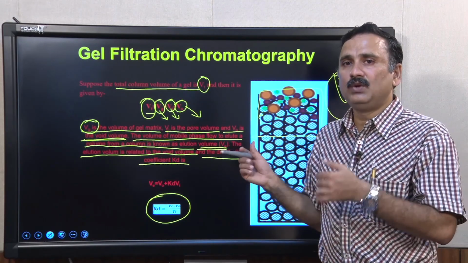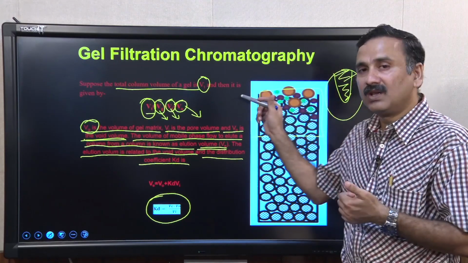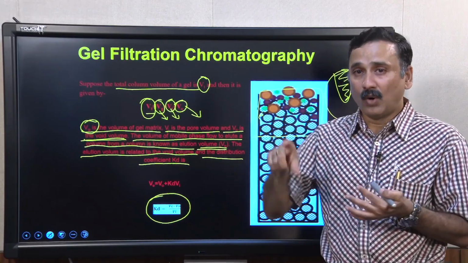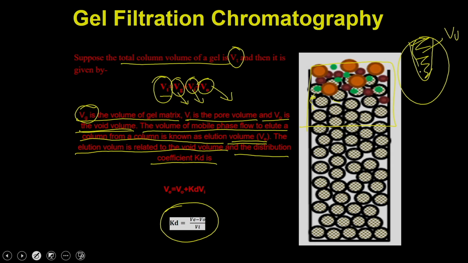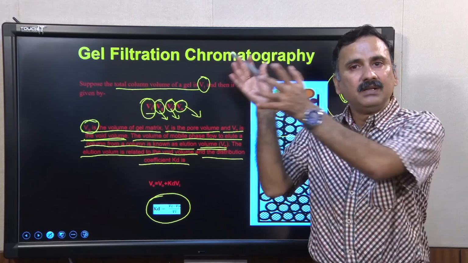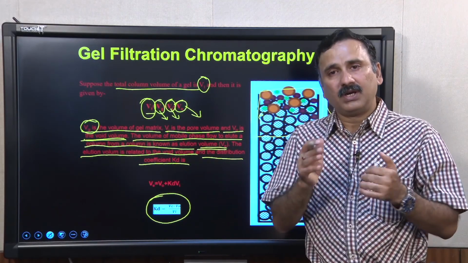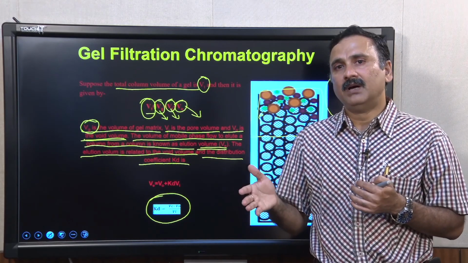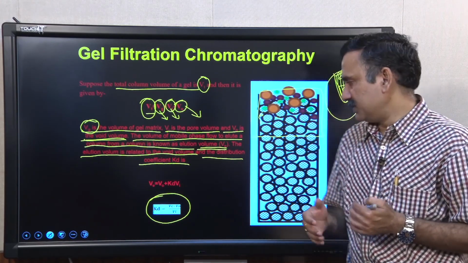In this case you have 2 phases: one is the aqueous phase, which is the outside, and the other phase is the pores present within these beads. So, this is the Vi. That is why the molecules are going to be distributed between the Vi and the rest of the volume, and the ratio of that proportion is known as the distribution coefficient.